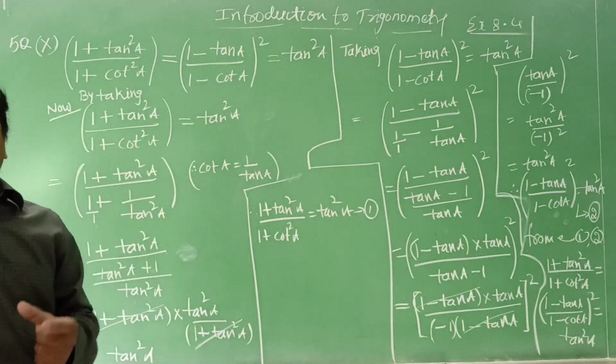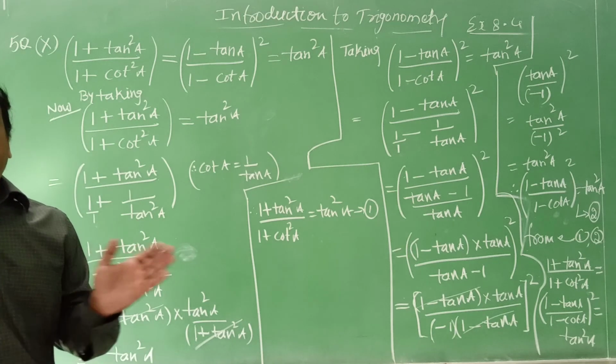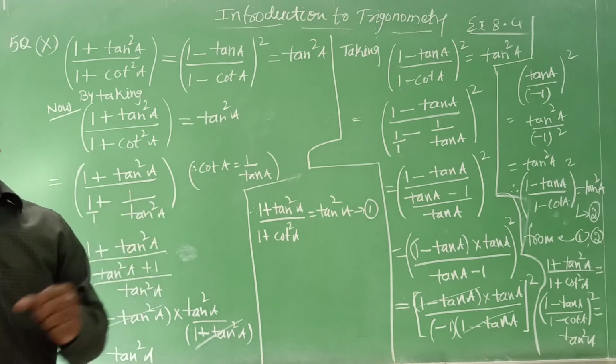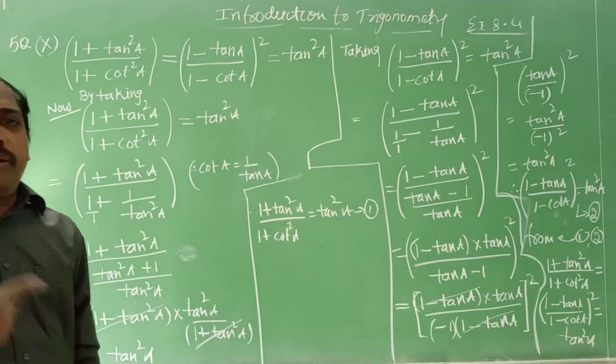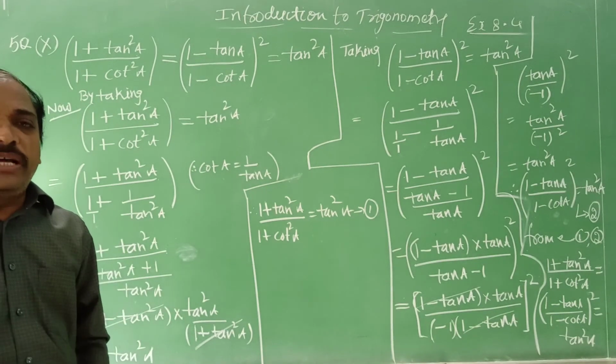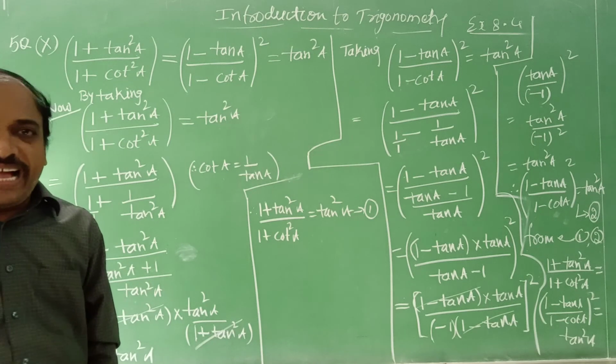One angle is 90 degrees, and the other two angles are less than 90, together making 90 degrees; they are acute angles. Based on the acute angles, we defined trigonometric ratios. Then we defined trigonometric ratios of complementary angles.